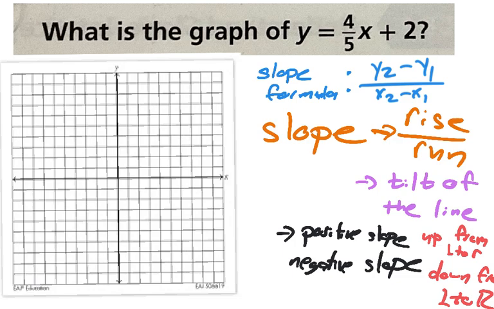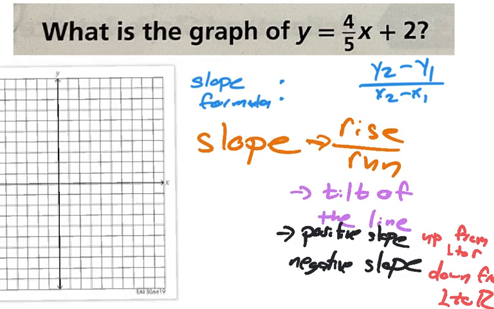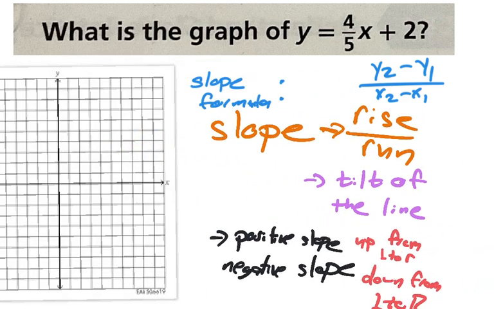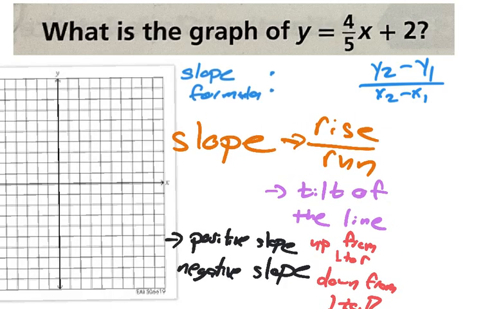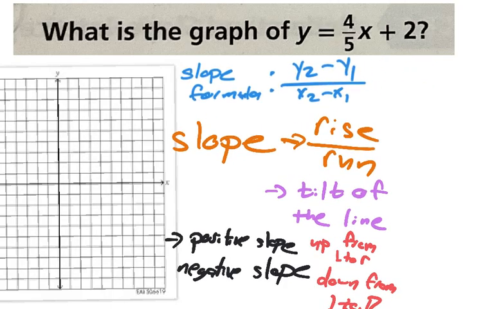From this formula, I'm going to get a little bit more shorthand. So if the slope formula is y2 minus y1 over x2 minus x1, sometimes we call that the change in y. Because how much am I changing?